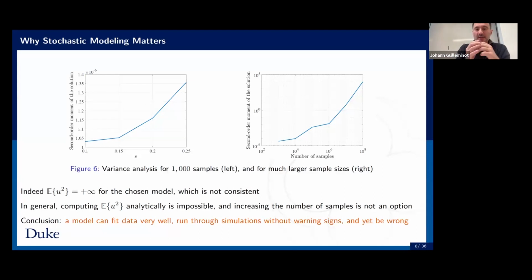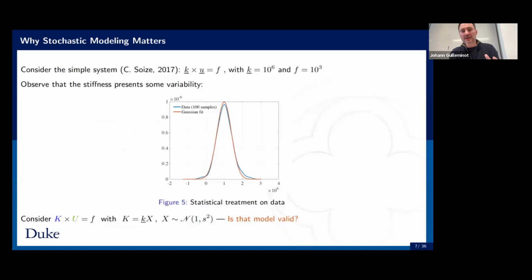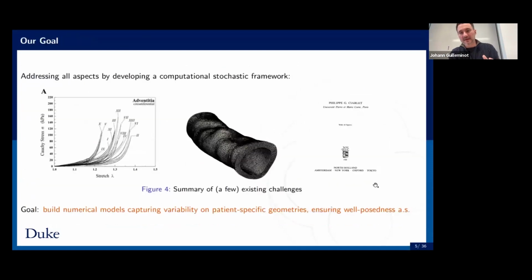So the point I want to make here is that you really need to take a look at your data, and then you integrate the geometry. You should never build a model only based on data if you really want to run computations.